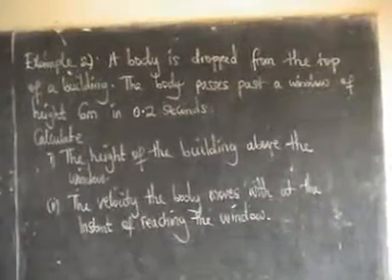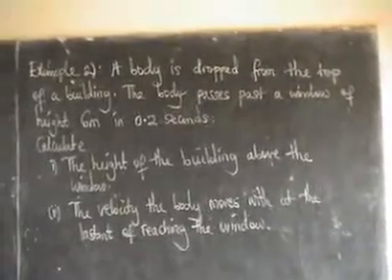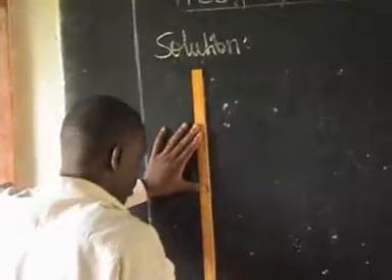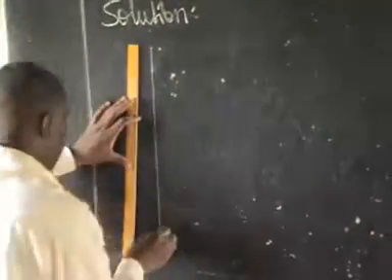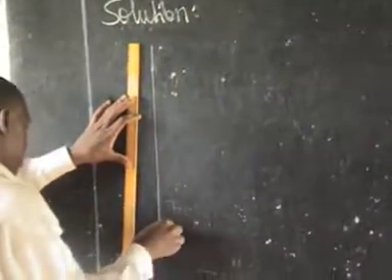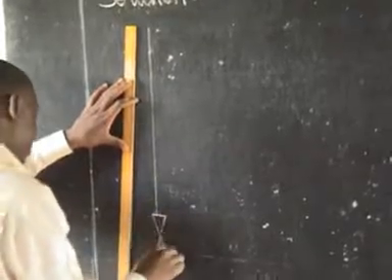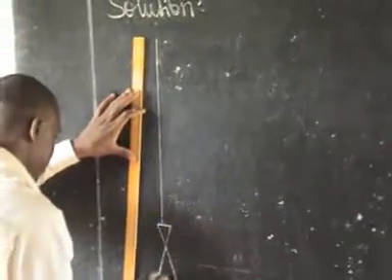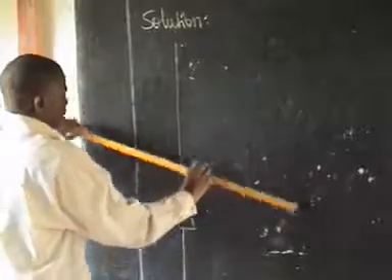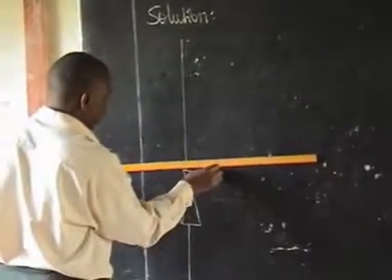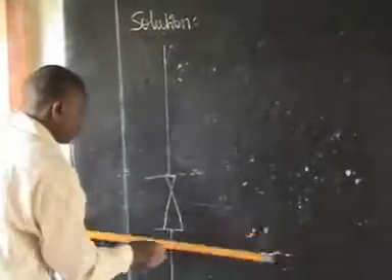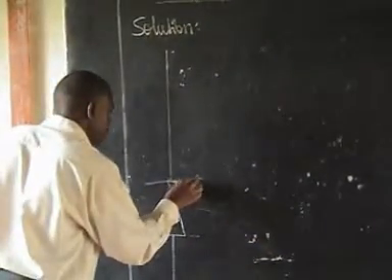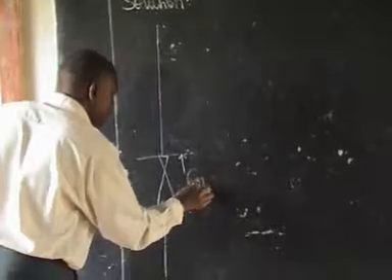After reading through the question, you come up with our building, and maybe this is our window. We are told that the height of the window in this case is given to be 6 meters.